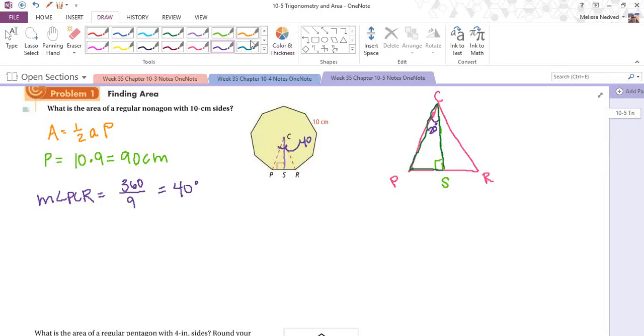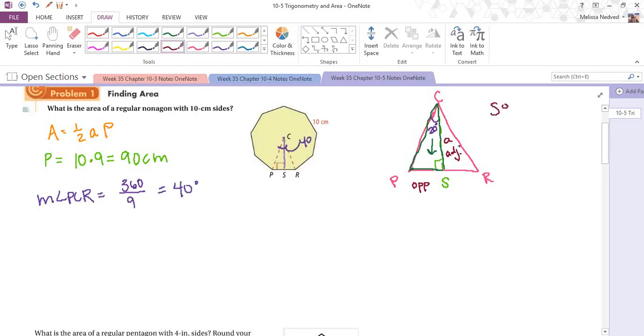Now, I'm going to go back to what we did in the last chapter when we learned trig, SOHCAHTOA, and I'm going to use this 20-degree angle, and I'm going to label my sides. Across from the 20-degree angle is my opposite, and remember, this dotted line from C to S was my apothem. That's what I'm looking for. I need to know that length in order to find my area. So, if this opposite side, PS, is my opposite, then CS is my adjacent side.